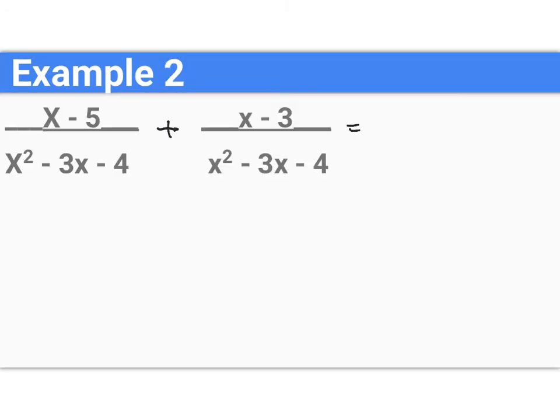Okay, so now what do we do with something like this? First thing we're going to do is factor the denominator: x squared minus 4x plus x minus 4x is minus 3x. Okay, we are going to factor it.